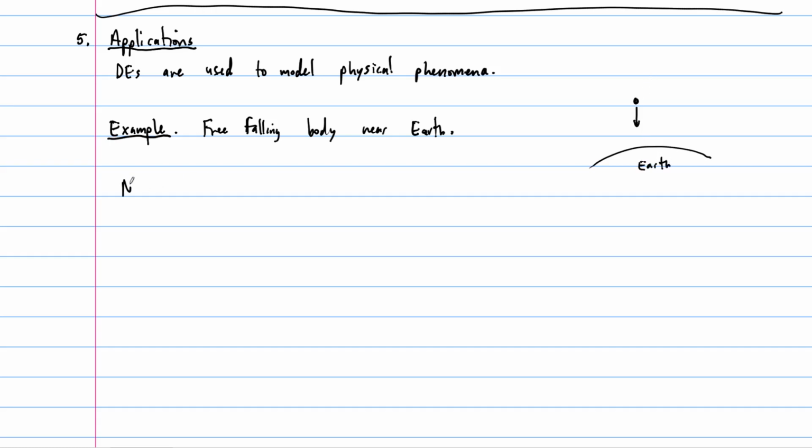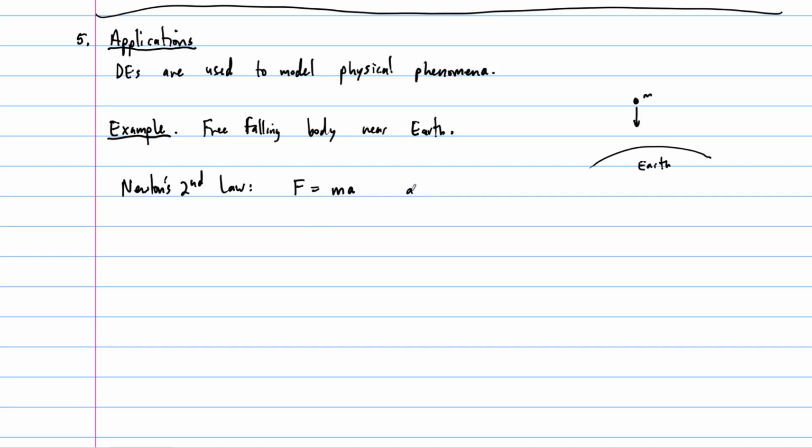So Newton's second law tells us that force is equal to mass times acceleration of this object. This is an apple, so it has some mass, and it's got an acceleration downward. That acceleration is always the derivative of velocity with respect to time.